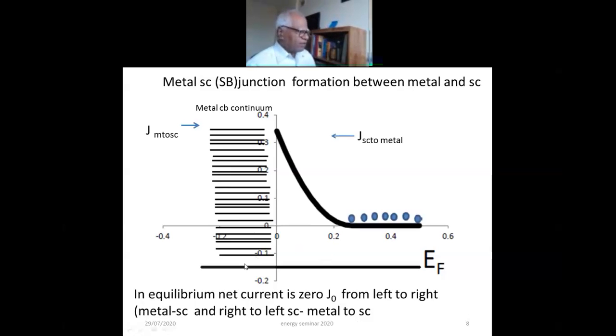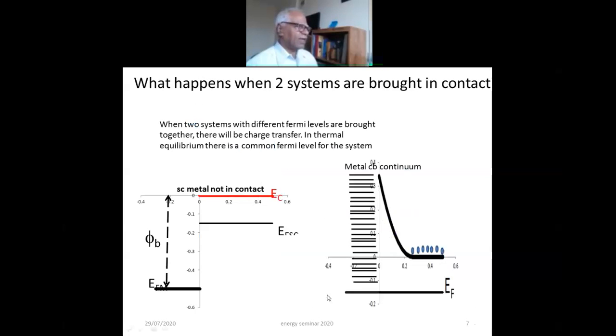In practice, there are electrons that jump from the metal into the semiconductor, and that I will call J metal to semiconductor. And the reverse current, J semiconductor to metal, must be exactly equal and opposite, and that is the only way we can have a net zero current in the absence of bias or light when you short circuit this material.